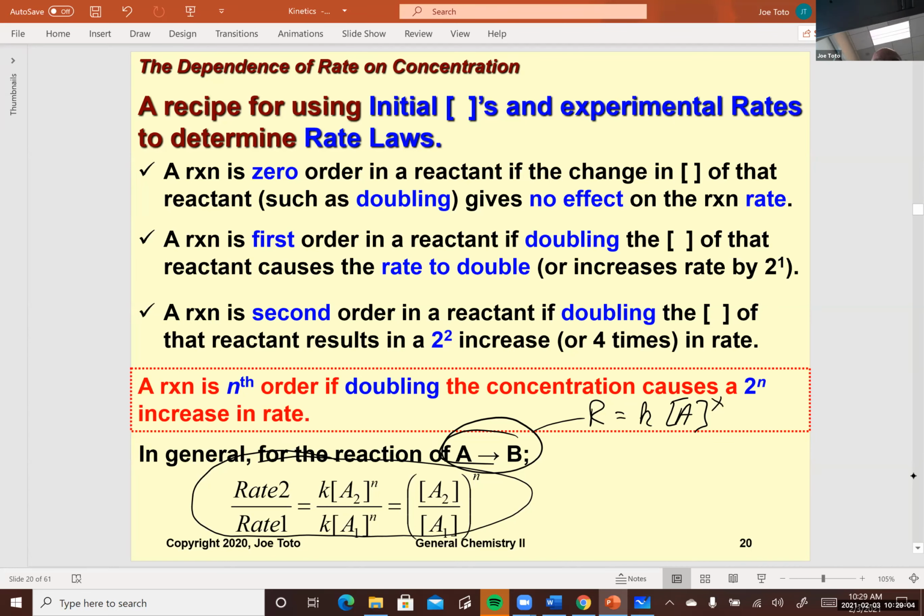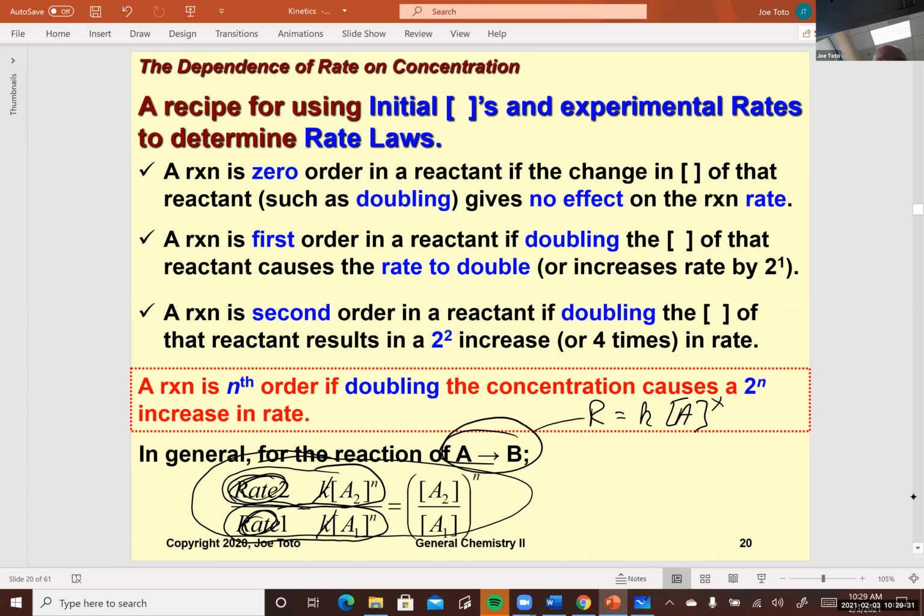Now, if I have experiments, then I can start taking the ratio of those experiments. Like here, this is experiment 2, and I divide it by experiment 1. The k's drop out, and so I get a ratio of the rate of 2 over 1, which I just plug in numbers from the table.